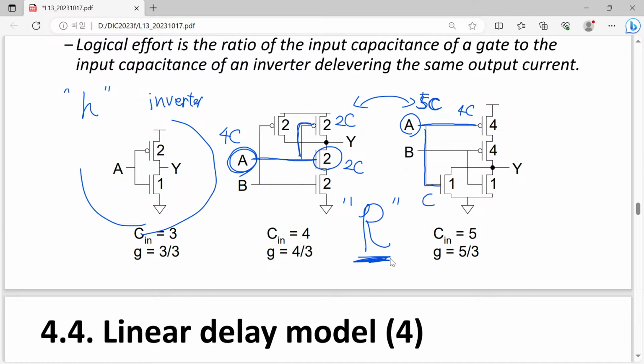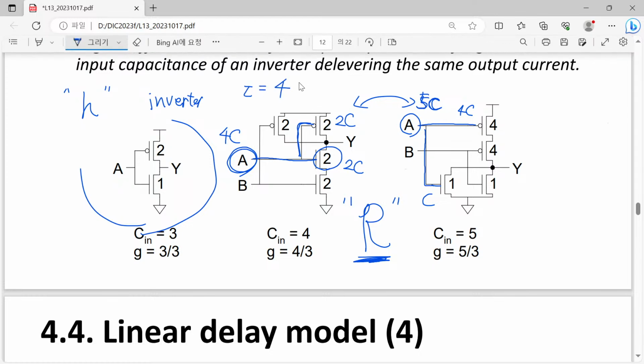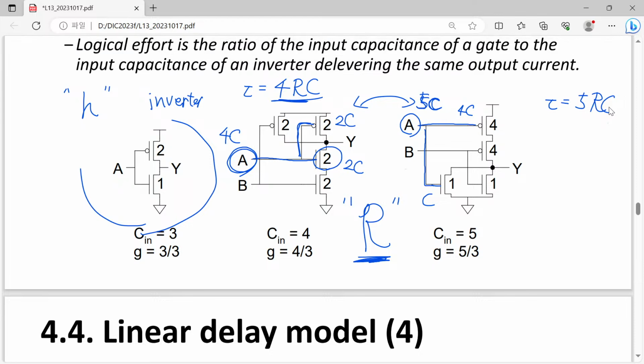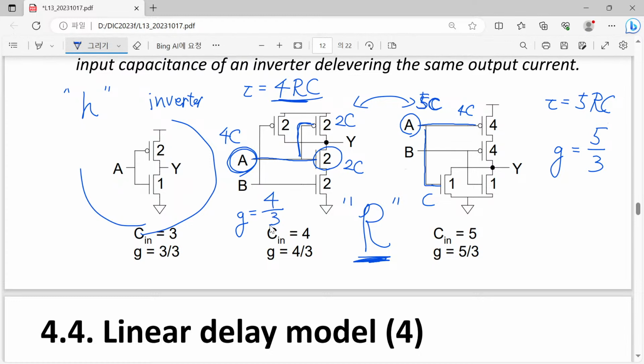Since its effective resistance is always R, we will say that the logical effort is related with this 4 times RC, and in this case 5 times RC. Of course, we must normalize it to 3 RC, so we say that its logical effort is 5 over 3, and in this case we have the logical effort corresponding to 4 over 3.